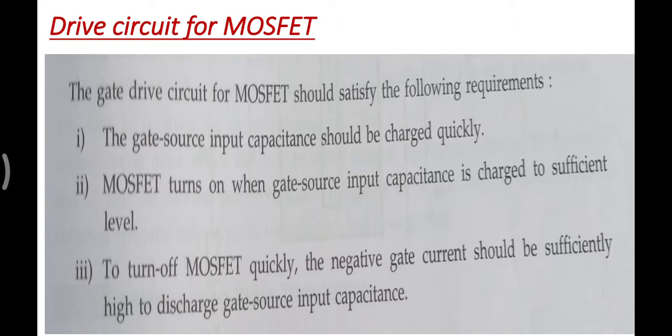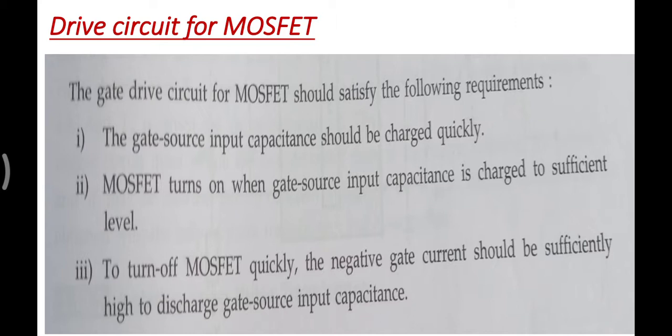Let's once again see the three important points. First, the gate source input capacitance should be charged quickly; the capacitor we are using must be charged very quickly. Second, the MOSFET turns on when the gate source input capacitance is charged to sufficient levels; the capacitor must provide sufficient current to turn on the MOSFET.